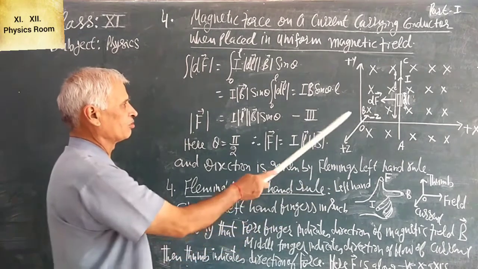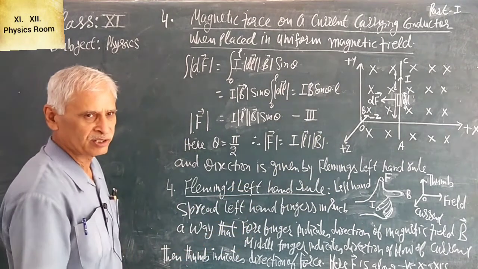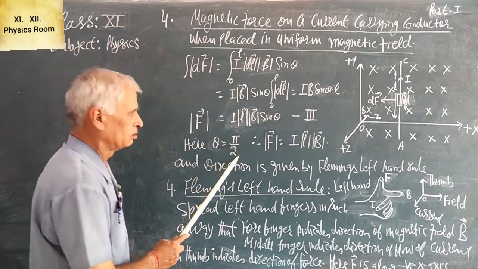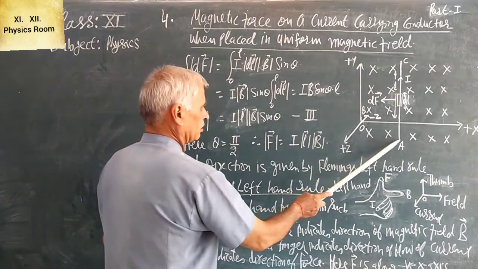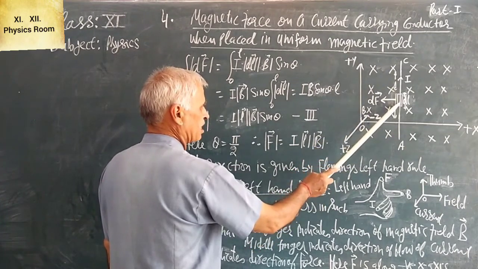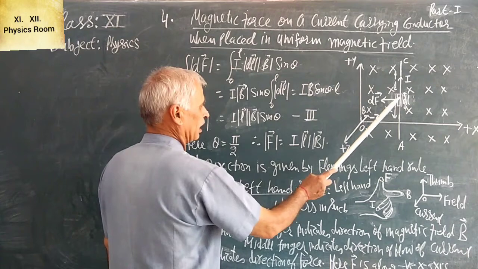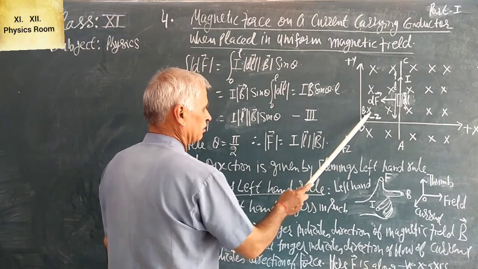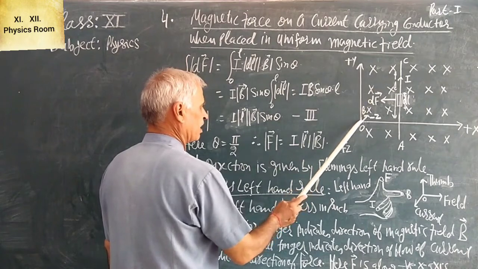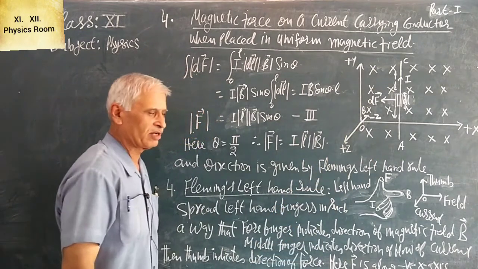Now in the situation that we have framed initially, theta is pi by 2, theta being the angle between the direction of current flow, that is the length of the current element, and the magnetic field. The direction of current flow is along the positive y-axis and the direction of the magnetic field is along the negative z-axis.